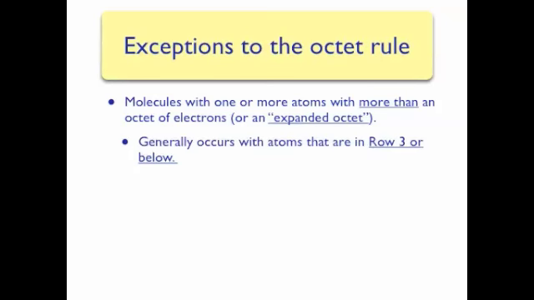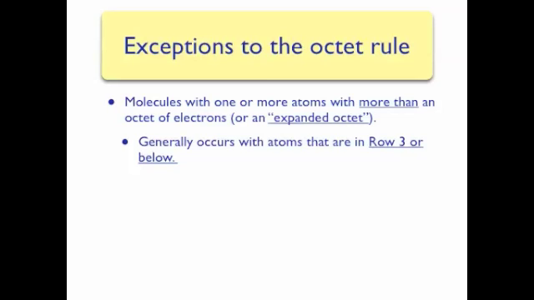However, atoms in row 3 or below can accommodate more than 8 electrons. This is also known as hypervalency. Sometimes an explanation is given that these atoms have d orbitals that are empty and available to accommodate extra electron pairs.